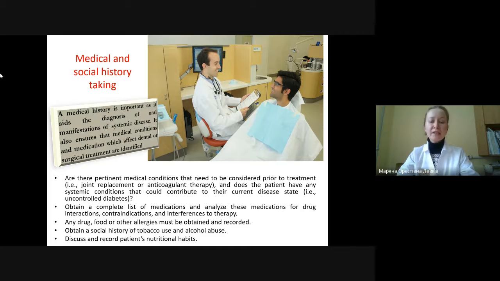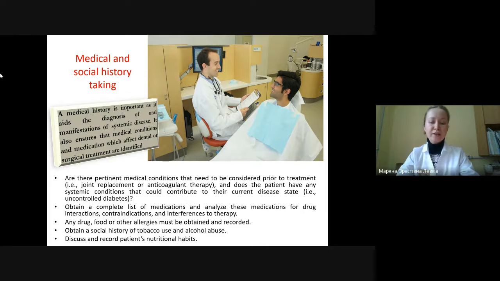Obtain a complete list of medications and analyze these medications for drug interactions, contraindications, and interferences to the therapy; at least it is necessary to collect medications from the last months the patient took. Any drug, food, or other allergies must be obtained and recorded.